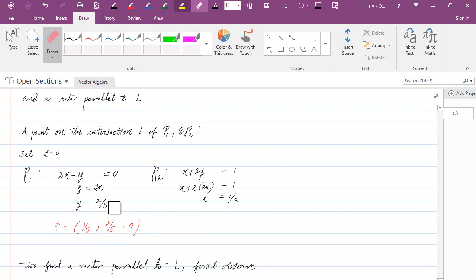Now, if z equal to 0 doesn't give us an intersection, that is, if it turns out that when z is 0, these two equations cannot be solved simultaneously, then what we do is we set another variable to 0 instead of z, and then we do the same thing.